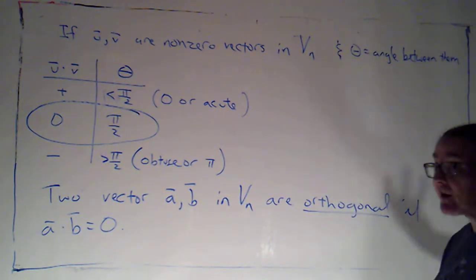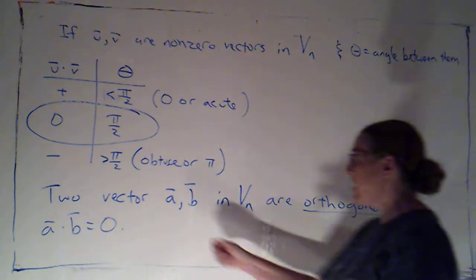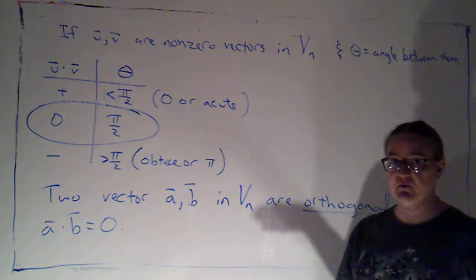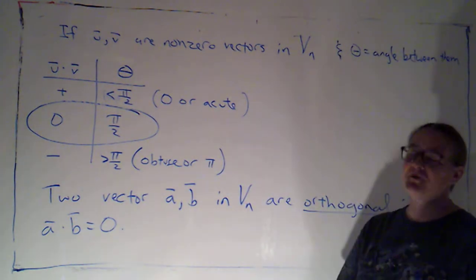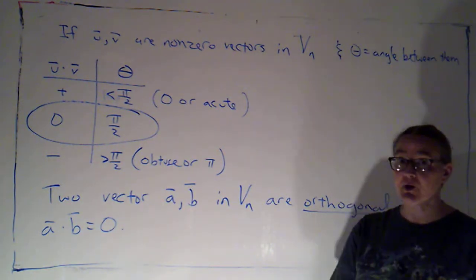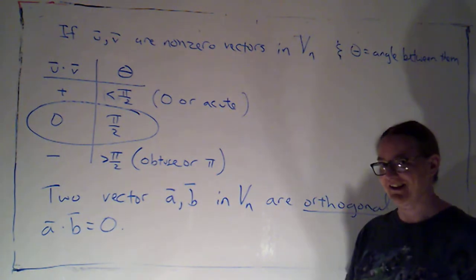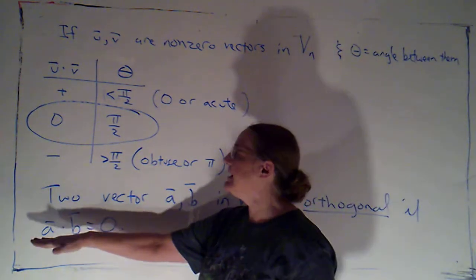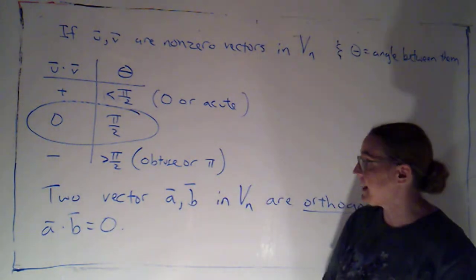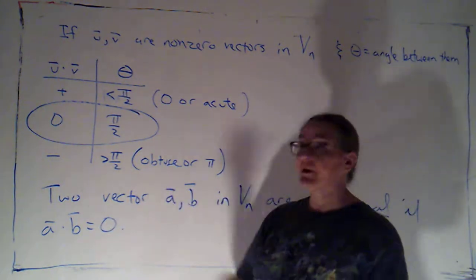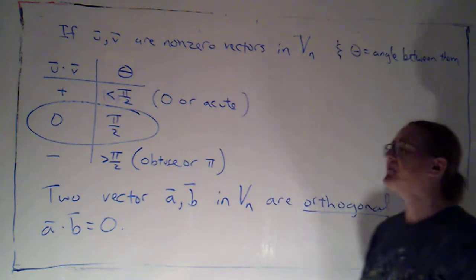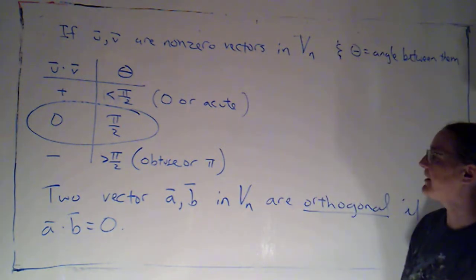Orthogonal means one of two things is the case. Either one or both of my vectors is the 0 vector, so that I can't even talk about the angle between them, or they're both non-zero and perpendicular to each other. So orthogonal does not mean perpendicular because it's not defined geometrically. It's defined algebraically. The dot product is equal to 0. Those of you who take linear algebra will study this in that class, and you'll see there's a very good reason for going with the algebraic rather than the geometric interpretation in defining orthogonality.